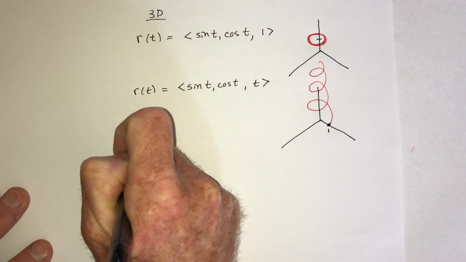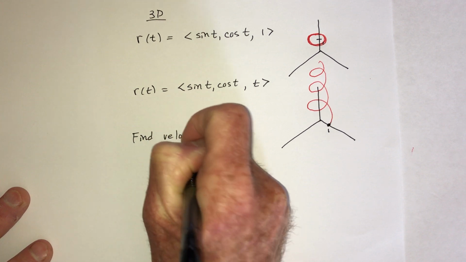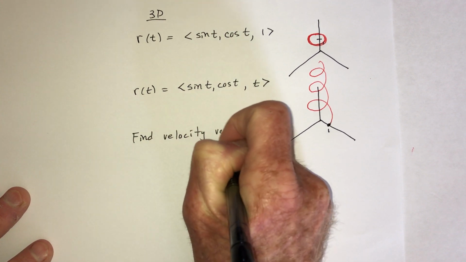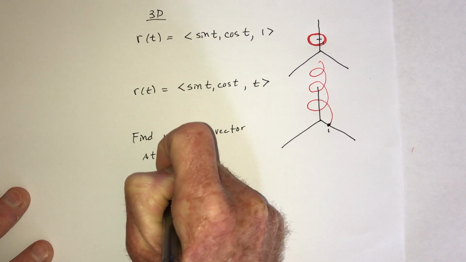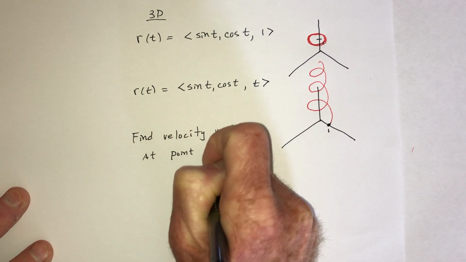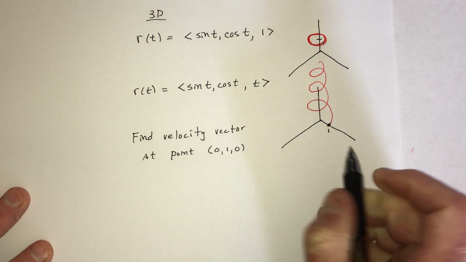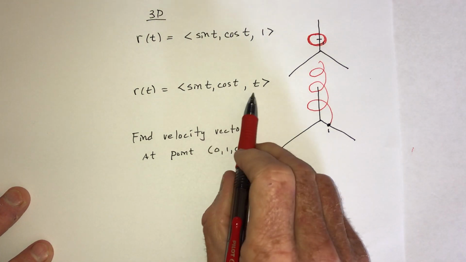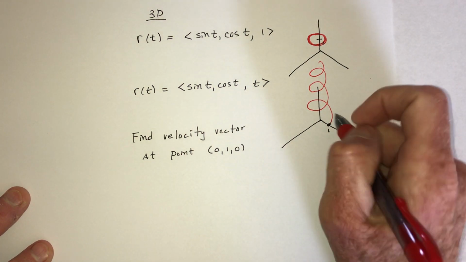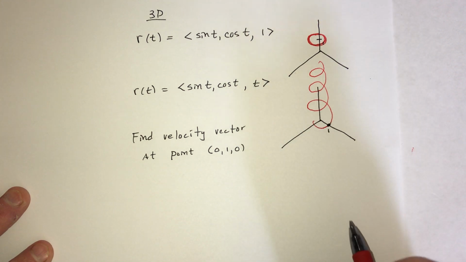So for this one, find the velocity vector at the point 0, 1, 0. In other words, right here. So there is no restriction on t being positive or negative, so it actually would coil down also.